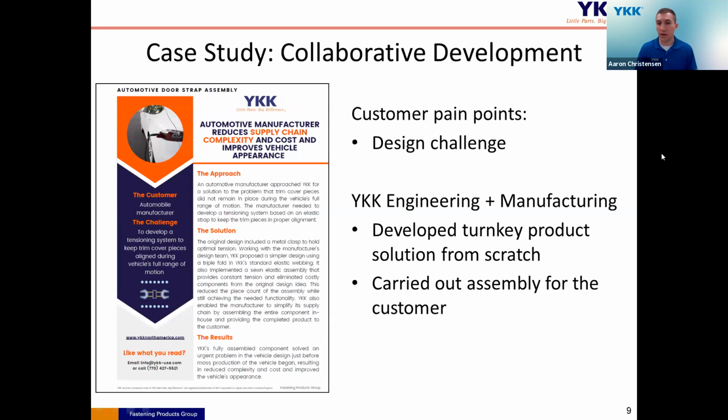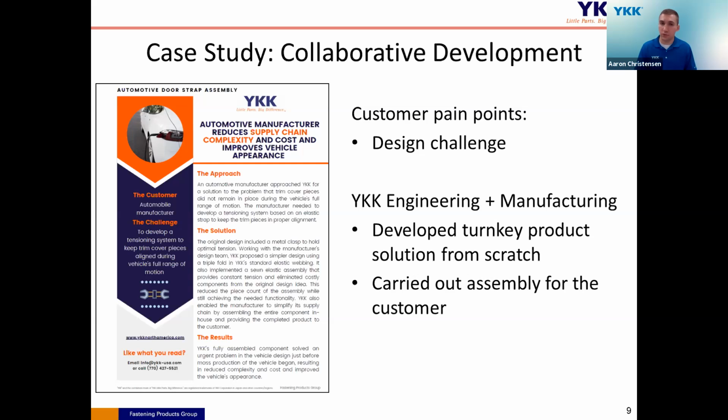And this is a YKK engineering manufacturing feat. We ended up developing a turnkey product solution from scratch. We started over on the design. There were some metal clasps and some other components that we were able to eliminate from the original design. And this was a webbing solution, an elastic. We were able to take a standard YKK product and put it to use in this application.